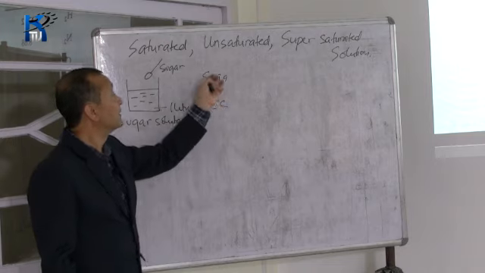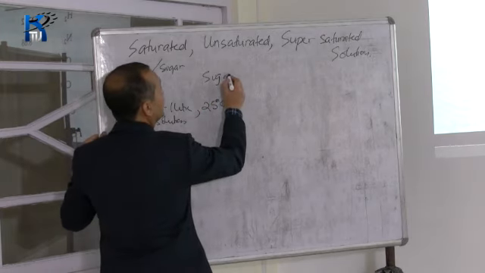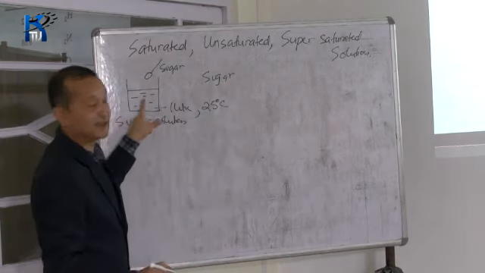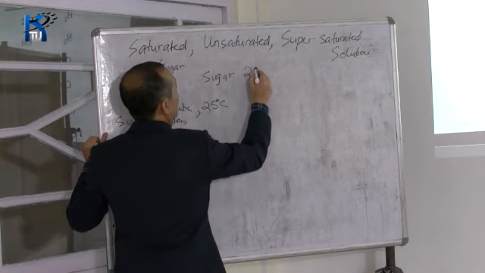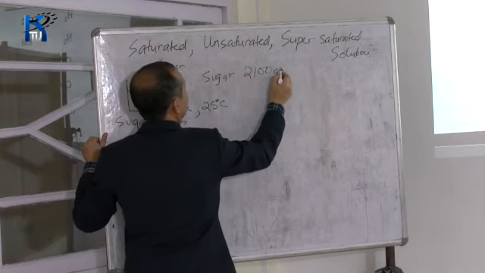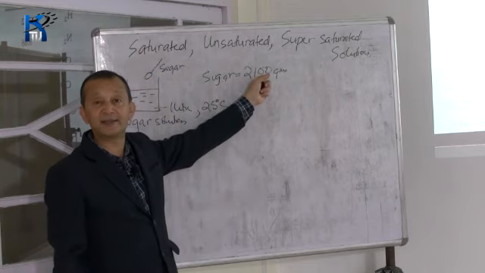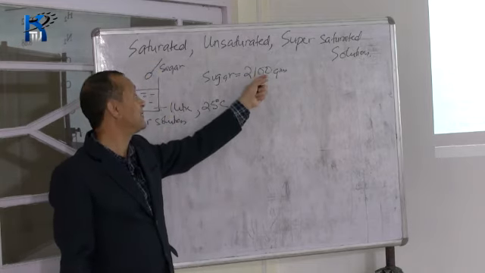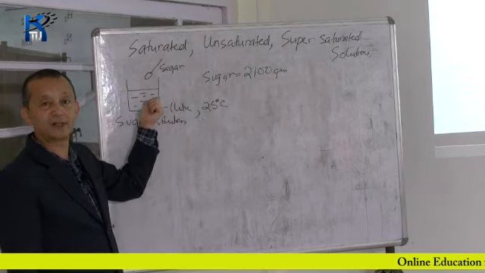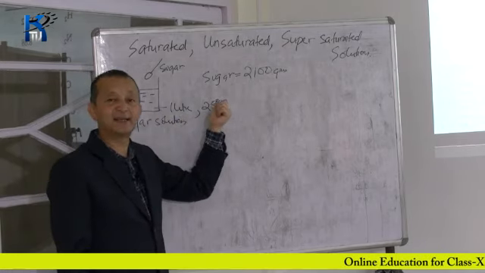The total quantity of sugar that will dissolve here is 2100 grams, that is 2.1 kg. This is the total quantity of sugar that will dissolve in 1 liter of water at 25 degree centigrade.